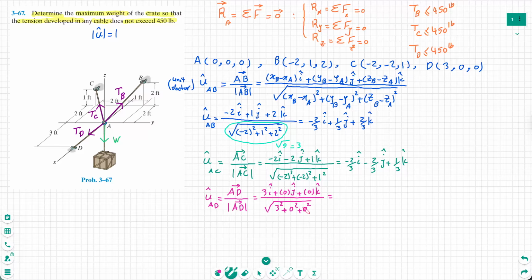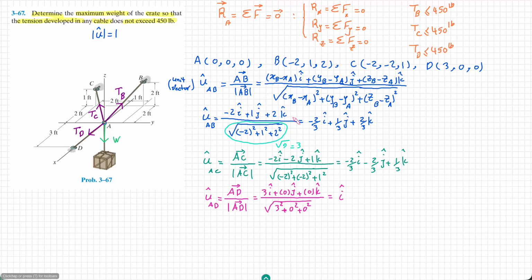So simply, because it is 3 over the square root of 9, 3 over 3 is 1. So I can write i hat. I mean, u hat of AD is just i hat. And it was actually clear because this one is just in the x direction, so you can simply see that it is the same as i hat.